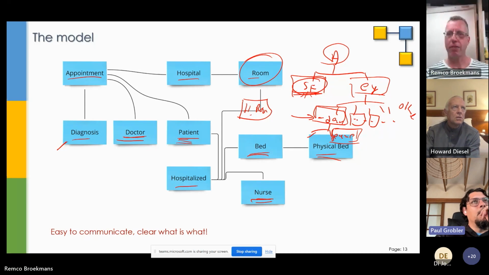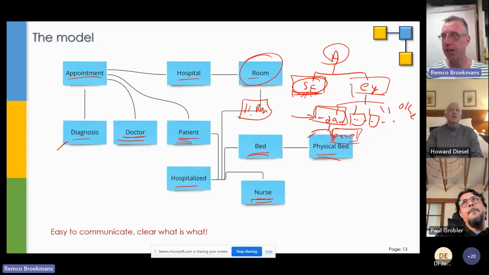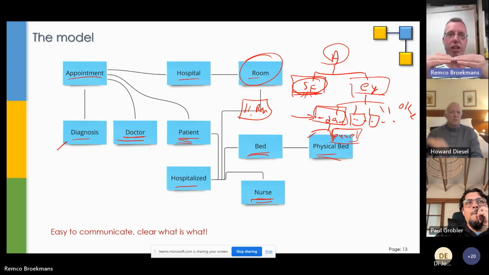Yeah. Thank you, Howard. To take the discussion further, in our Datavault training, we have one slide, and it's all about exactly this, right? What's the level we want to model?